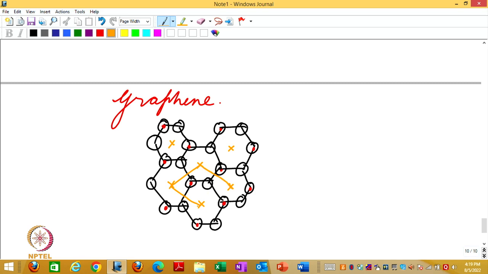You will get a rhombus unit cell, and the size and shape of that rhombus will be exactly the same whether you select your red atom centers or the cross points which are centers of the hexagon.